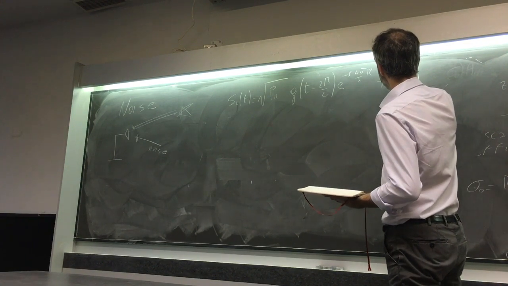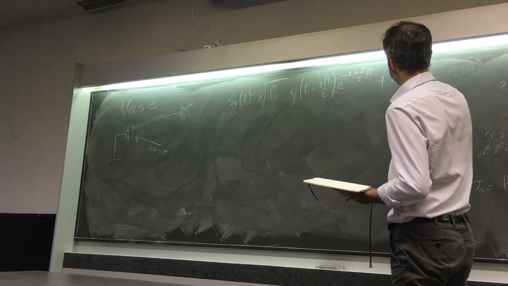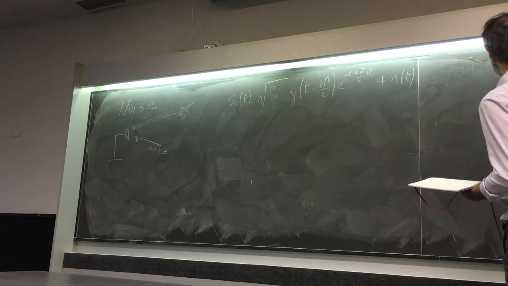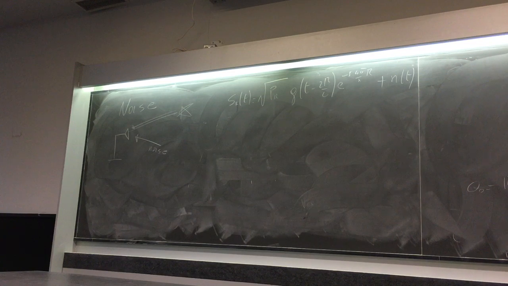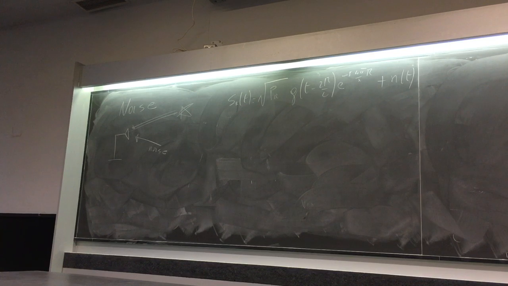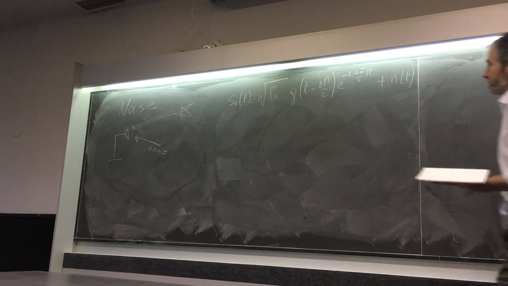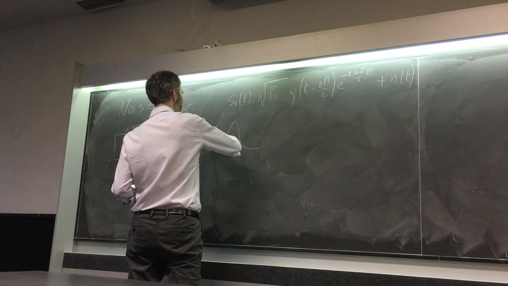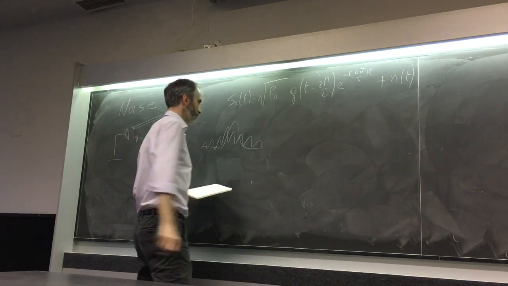N, noise of T. So what you get is your peak plus this noise.